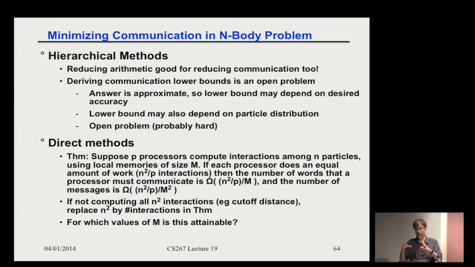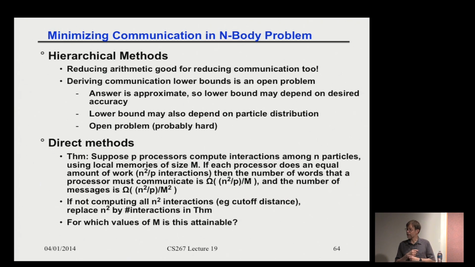It does direct interactions with the nearest neighbors. So I'm talking about algorithms where for some subset of the particles that are close enough by some definition, you do all pairwise interactions. So the question is, if that is your goal, is there a lower bound on how much communication is necessary to do it, and can we attain it?